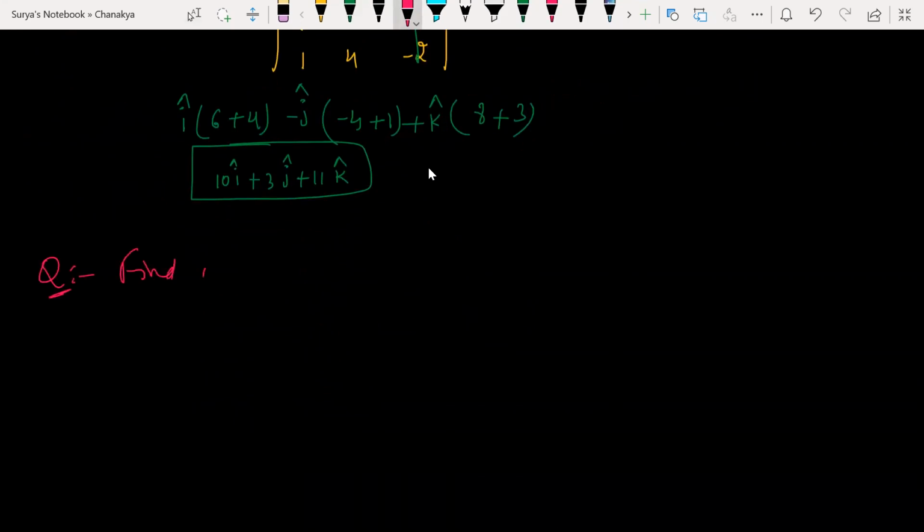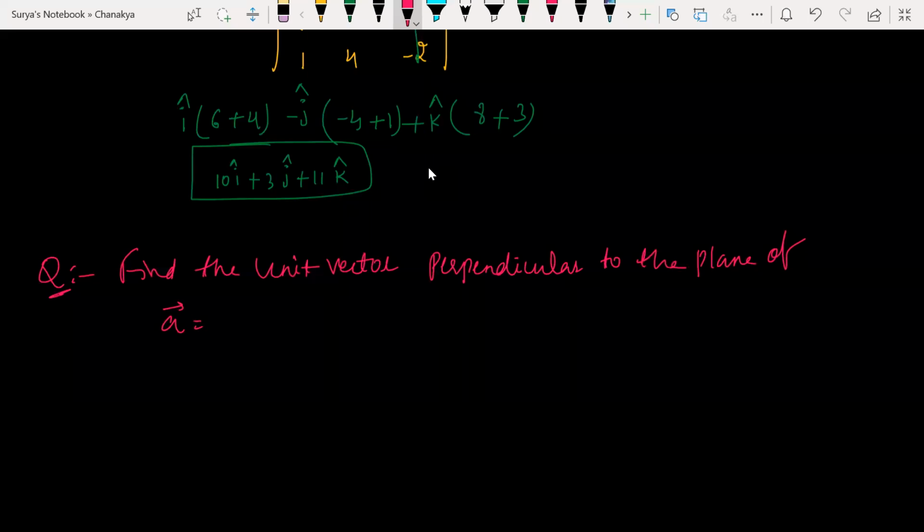Find the unit vector perpendicular to the plane of A minus 6j minus 3k.